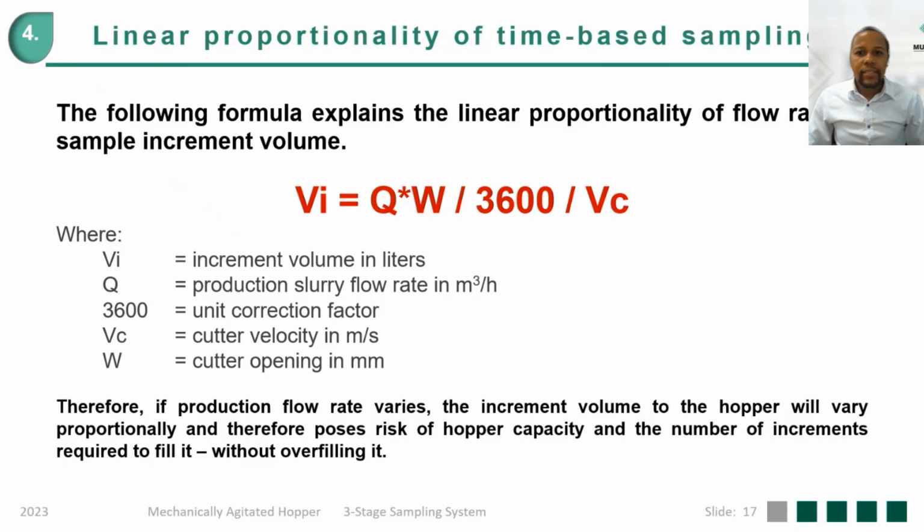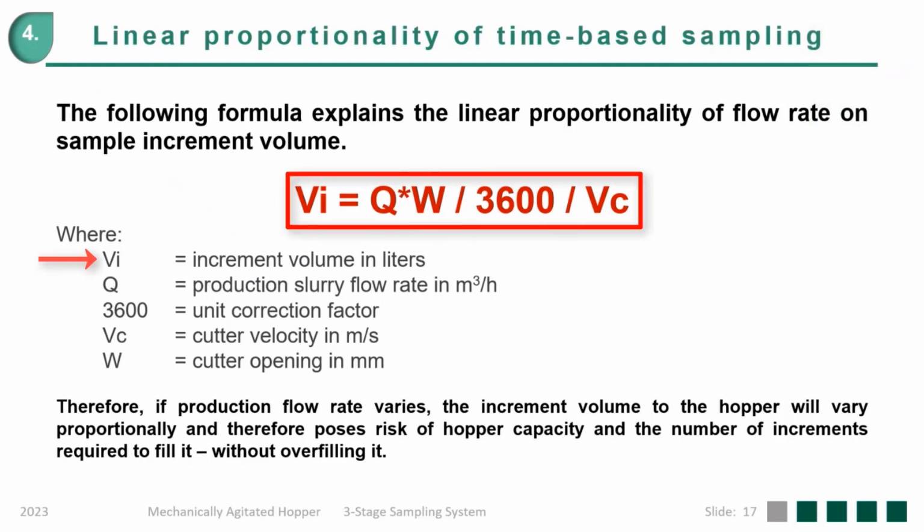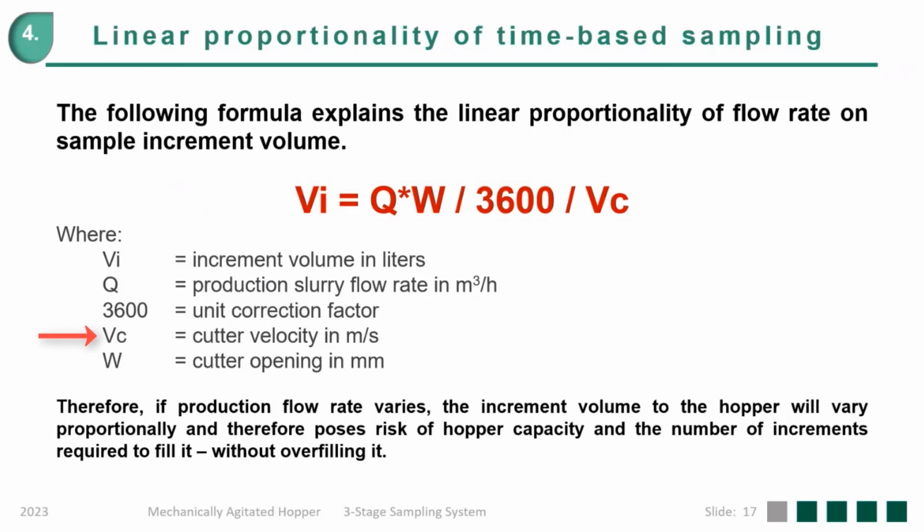In order to finalize this calculation, we also need the speed of the cutter going through the stream, and the speed of the cutter must be constant at all times. Therefore, in conclusion of the formula, VI, which is the increment volume in liters, equals Q, which is the flow rate in cubic meters an hour, multiplied by W, which is the cutter opening, divided by 3,600, which is the unit correction factor. It is also divided by the velocity of the cutter.